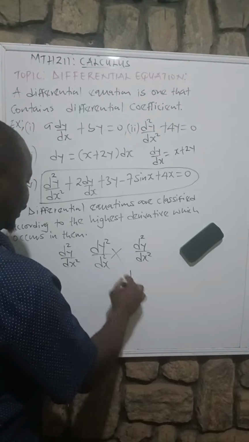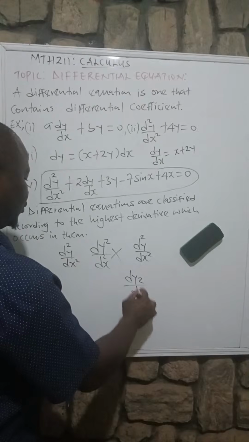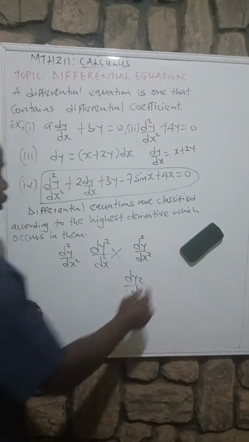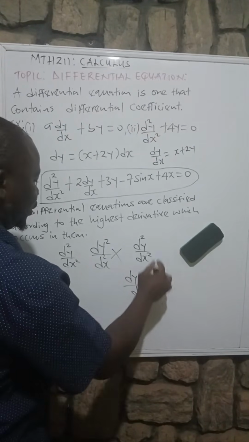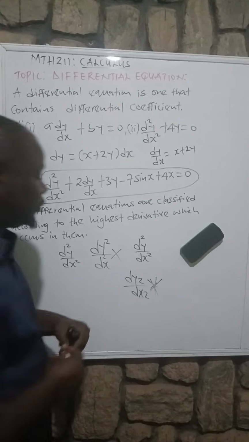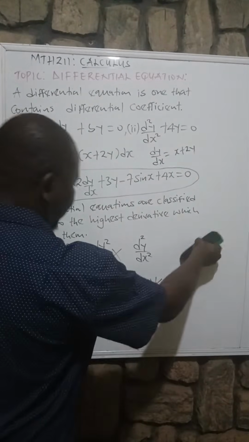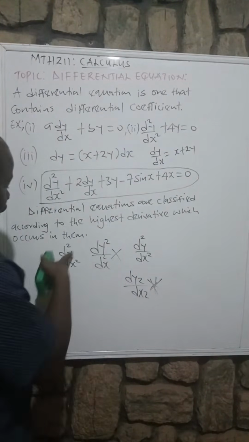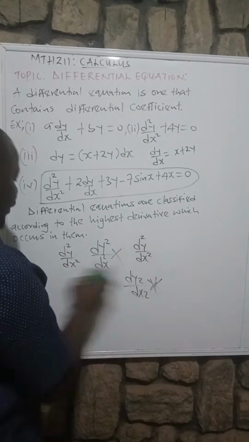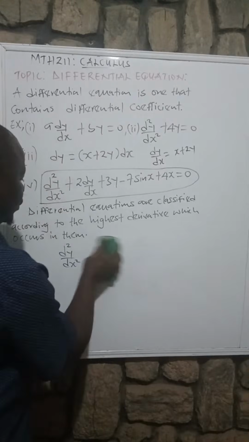And it is not like this. Students, you people are very funny. This is wrong. Take note. Are you following? So this is the right way of writing this and this. Okay. So far so good.